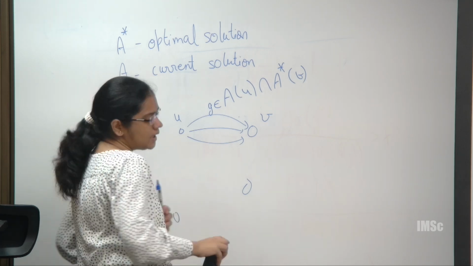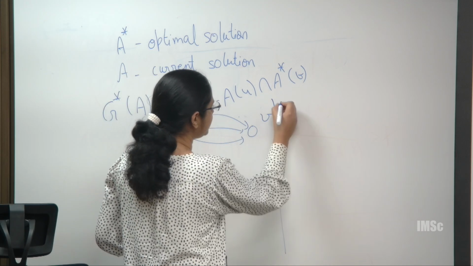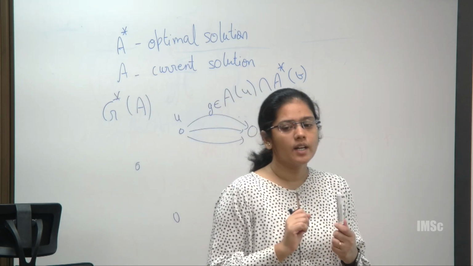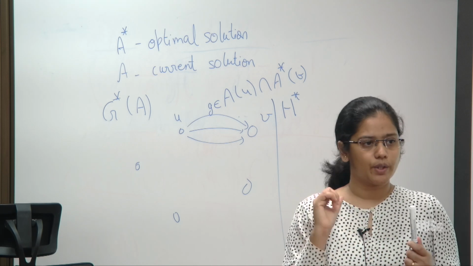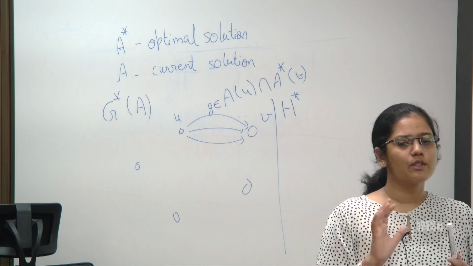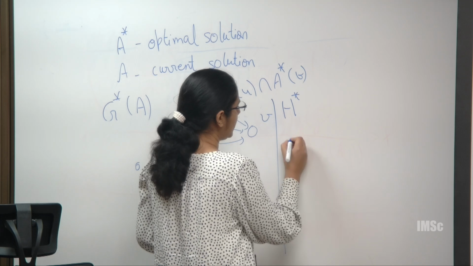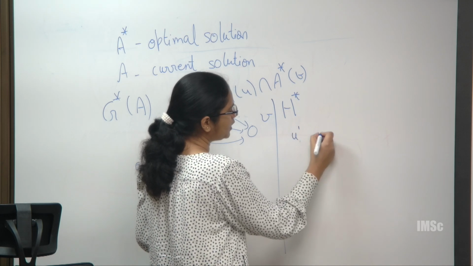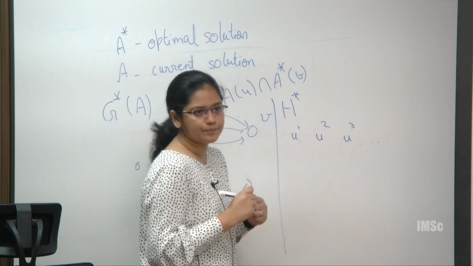Let us construct an H star. What is H star? For every vertex U, look at its in degree and out degree. Whatever is maximum, create that many copies of U. So, with respect to U, I create U1, U2, U3, and so on.